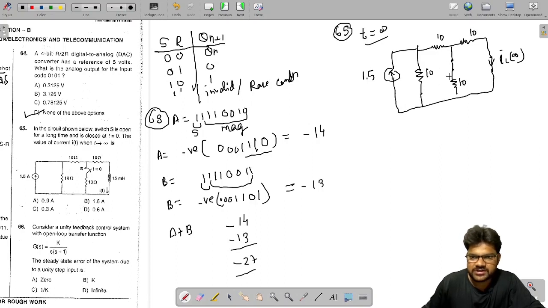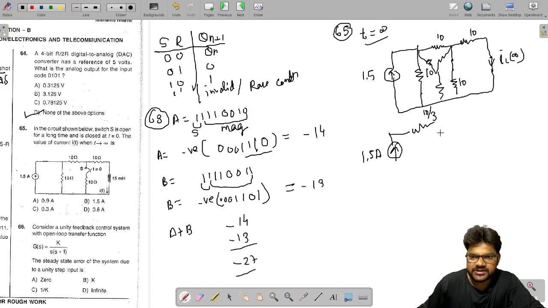Now this is a delta connection, so let's apply delta to star conversion. The 1.5 ampere current source is connected there, then you will get 10 by 3, because all the resistors in this delta circuit are 10.